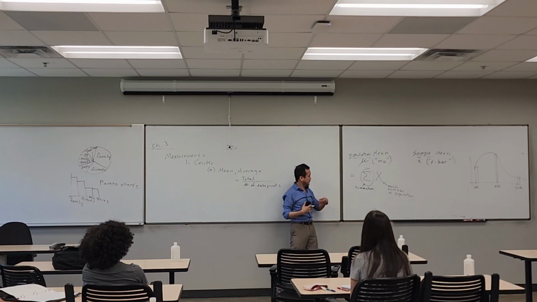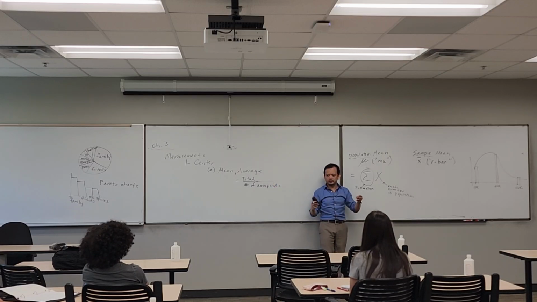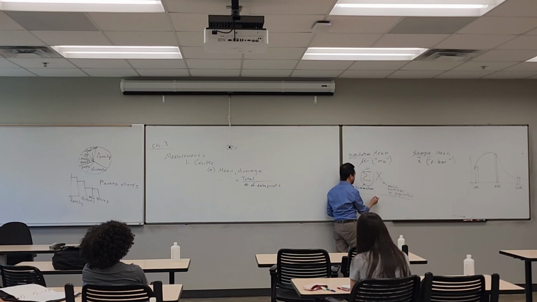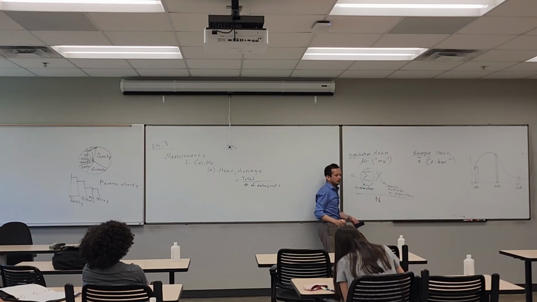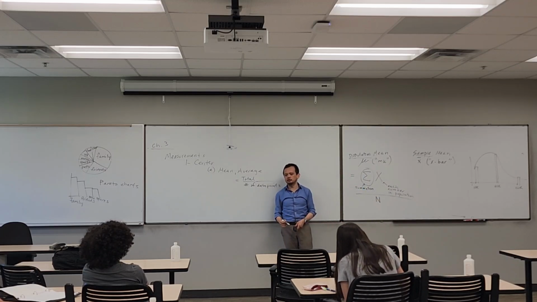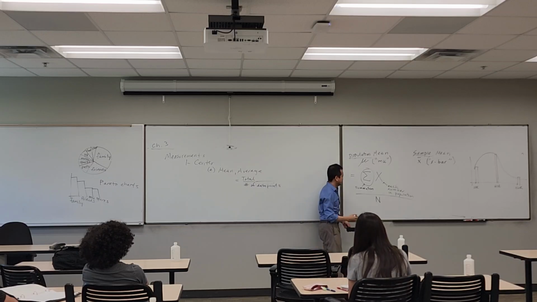So we want to add up every data point in our population, and then we want to divide by the number of numbers. The number of numbers is given by this symbol, capital N, which stands for population size.